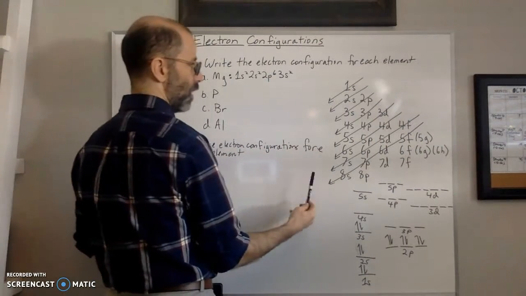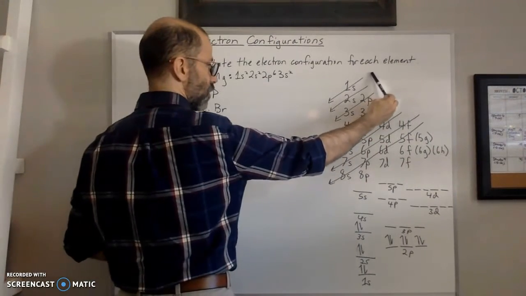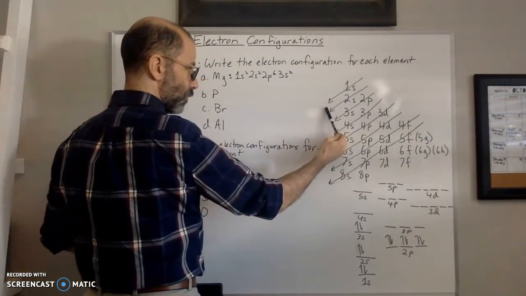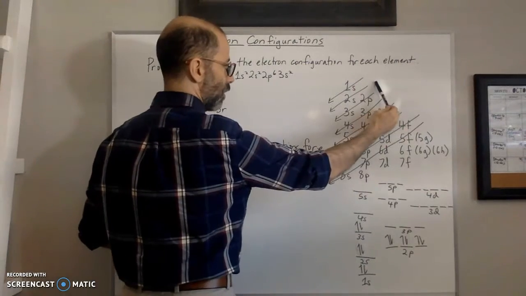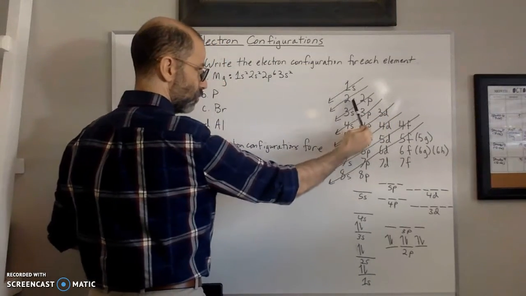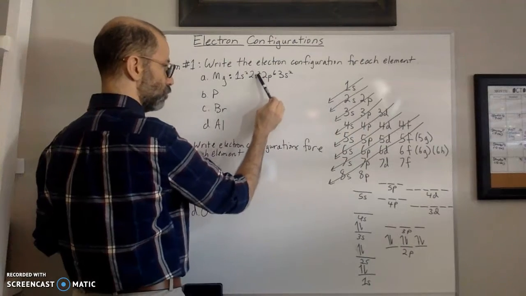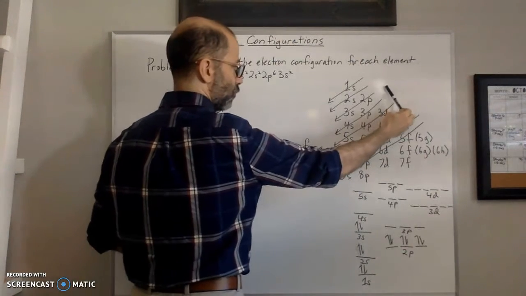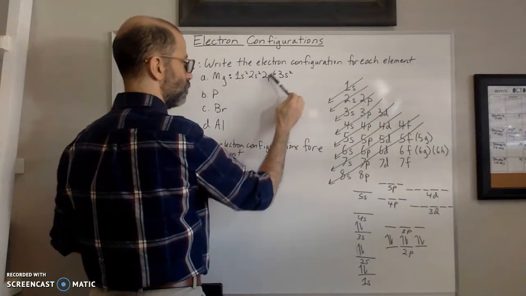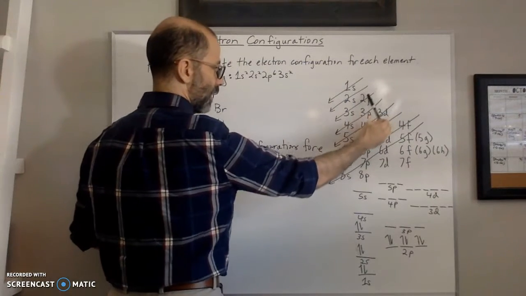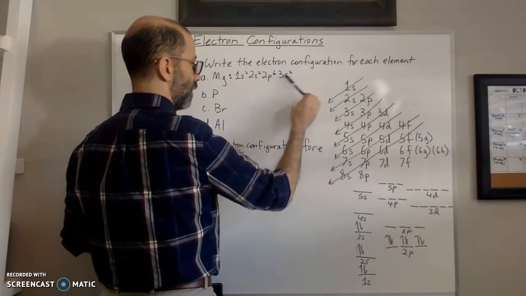I could have used this as well, right? So I start with this arrow, I go down, it goes through the 1s first, so I fill that in with 2 electrons, 1s. And I go through the next arrow, which is 2s, so I put in 2s with 2 electrons. And then I go through here, I go through 2p first, so I write 2p and I put 6 there, and then the 3s, and I write that.